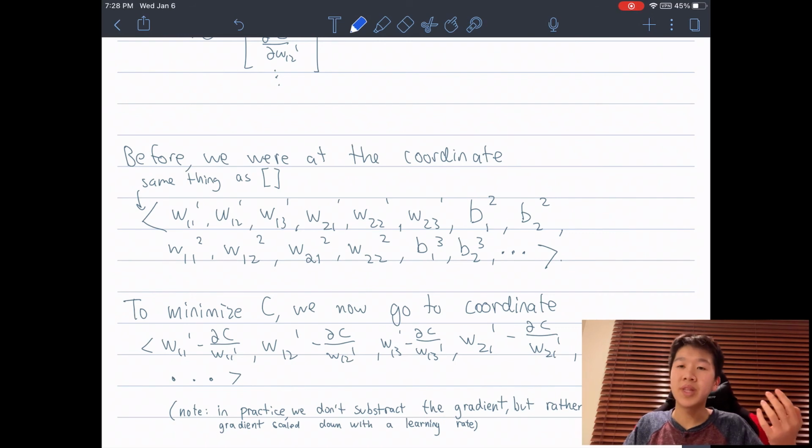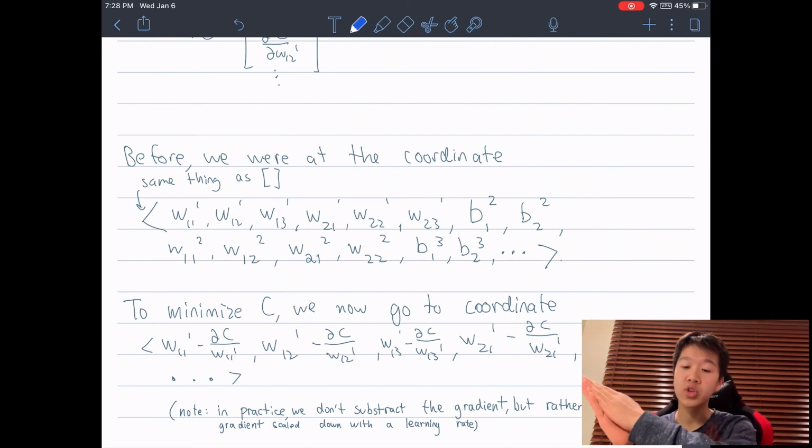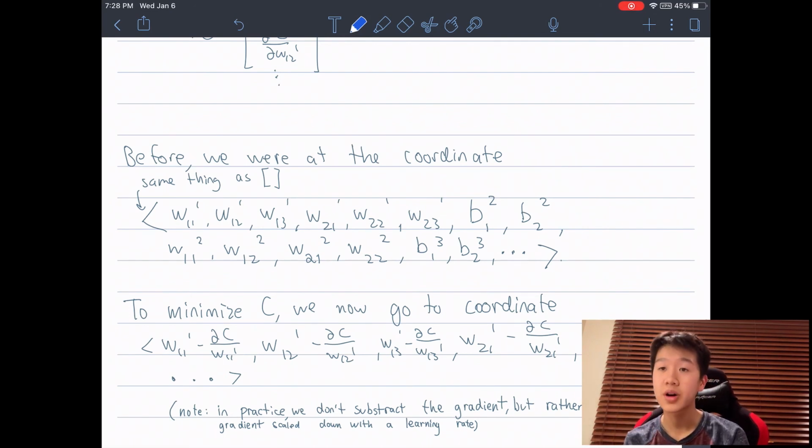It gets kind of repetitive, but basically you understand that we have to update each weight and each bias by subtracting the matching element of the gradient. So if you have W111, you want to subtract del C over del W111, the partial derivative of C with respect to W111.